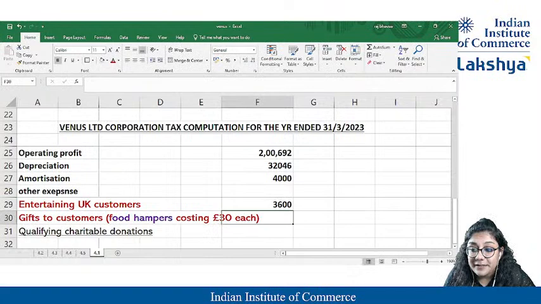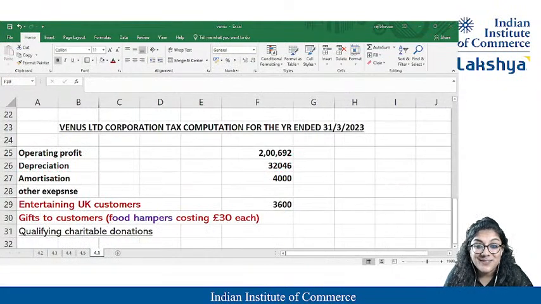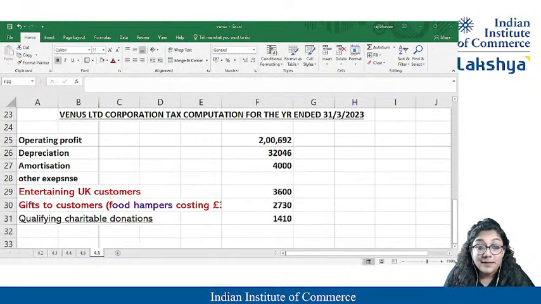We added it. 3,600 add. Qualifying add, ma'am: 2,730 and 1,410. Guys, you should know this. We added it. Isn't it super cool?